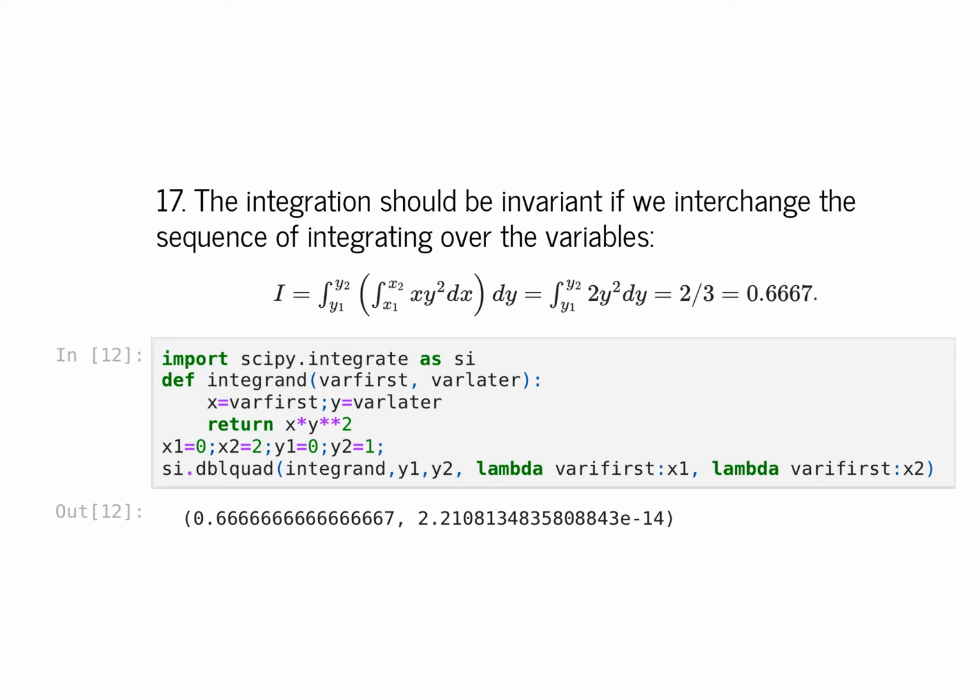The limits x1, x2, y1, y2 remain the same. When calling scipy.dblquad, the outer integration limits are now y1 and y2 for the var_later y. The inner limits, which are for var_first x, are provided as lambda functions returning x1 and x2. The numerical result from this computation should be identical to what we obtained previously.